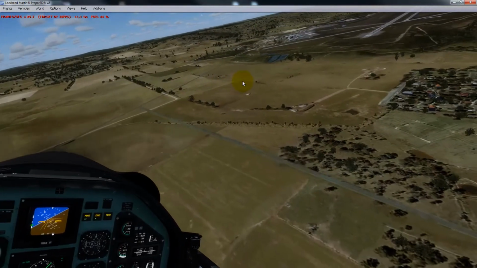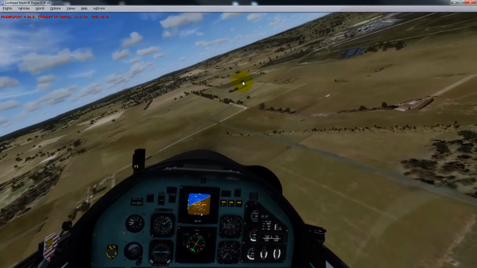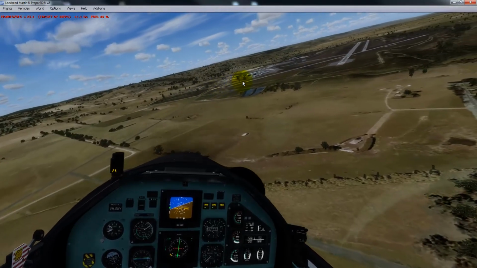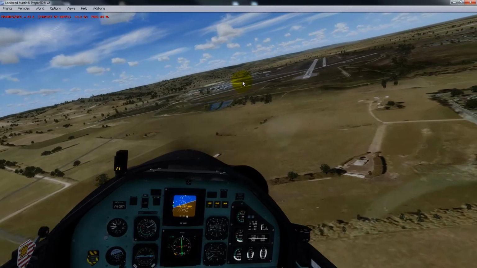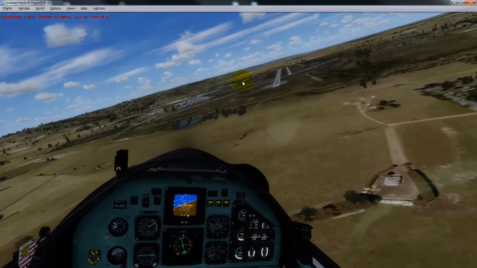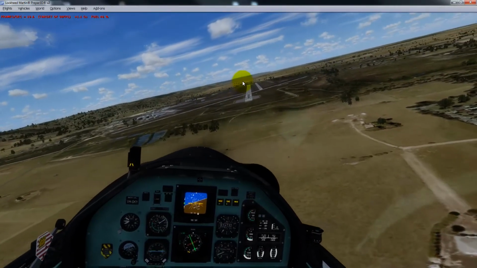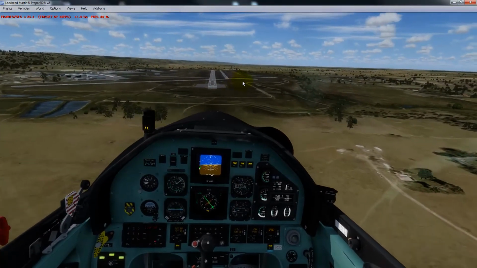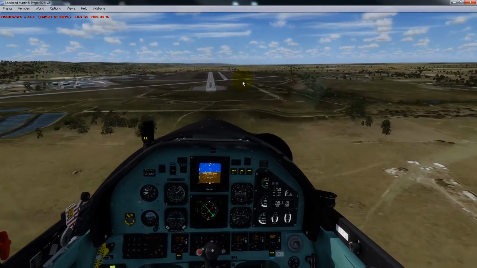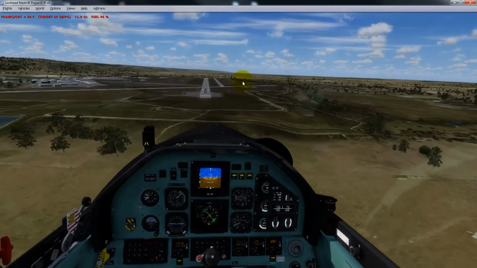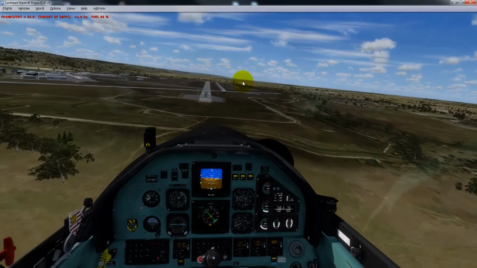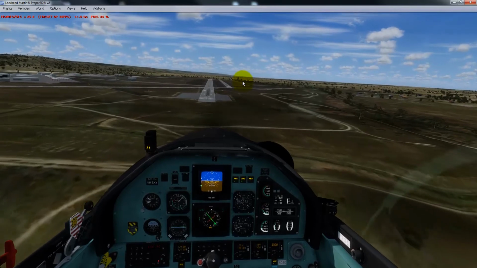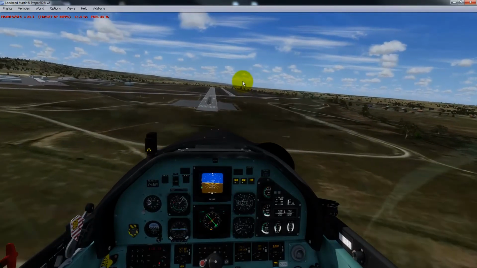Don't want to put too much rudder in. We're a little high on this one, but not too far.